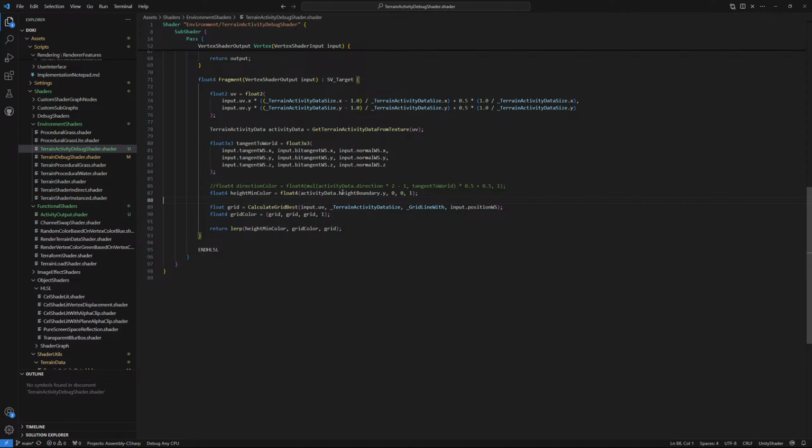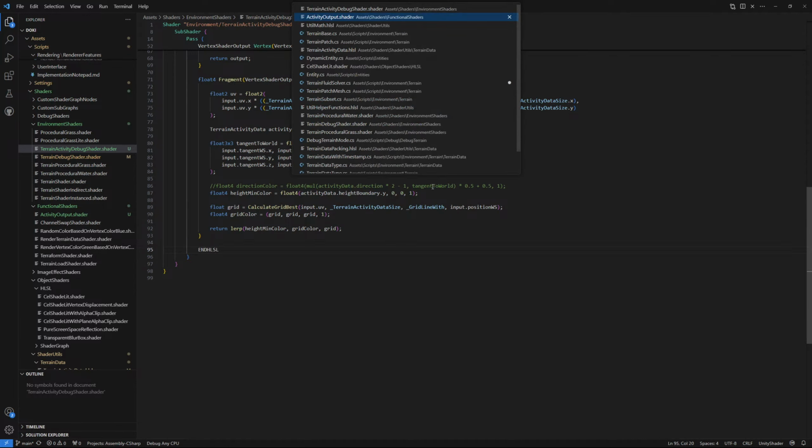Activity data direction. Yeah, let's do. Get terrain activity data from texture.